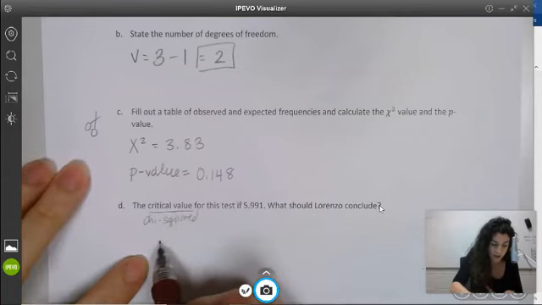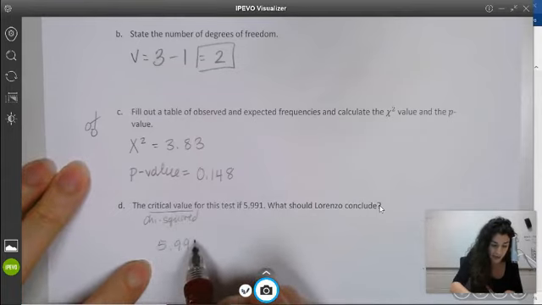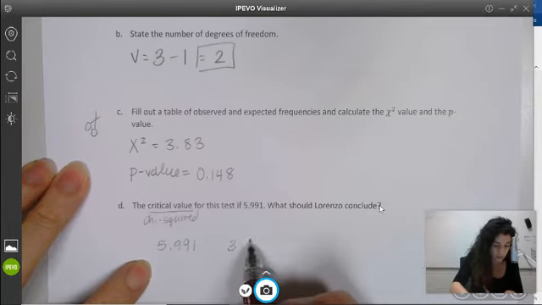So I'm going to compare critical value of 5.991 and a chi-squared value of 3.83.